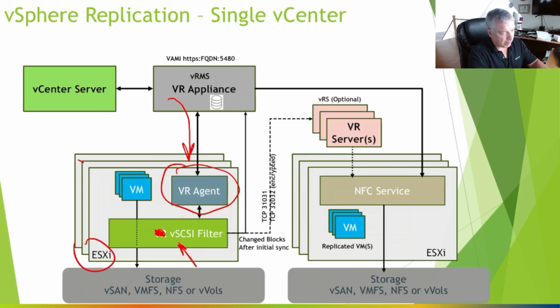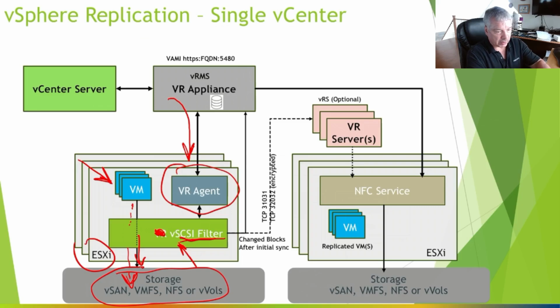You notice your VM over here. These are the VMs I want to protect, right? And basically these filters, again, when the VM goes to send I/O out to its virtual disk, to its VMDK, which sits down here on our storage, it goes through this virtual SCSI filter. So this SCSI filter knows exactly what blocks have been changed on this disk and how often they're being changed, because it's got to travel through it.